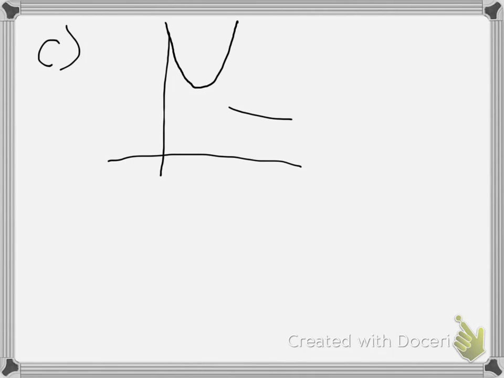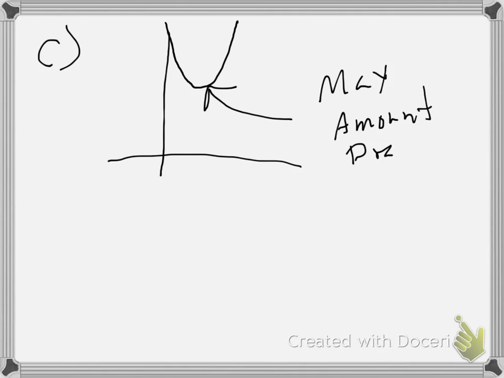And if you graph R of t, you get something that looks kind of like this. And this down here is going to be the maximum amount, believe it or not, that has been drained. Maximum amount drained. And this would be the 100 that you started with.